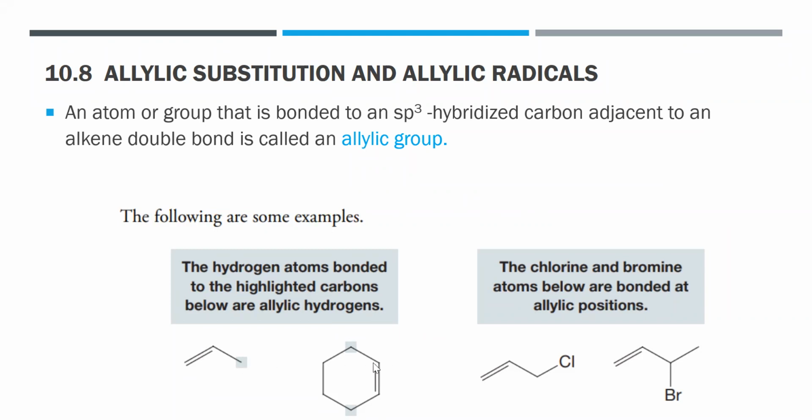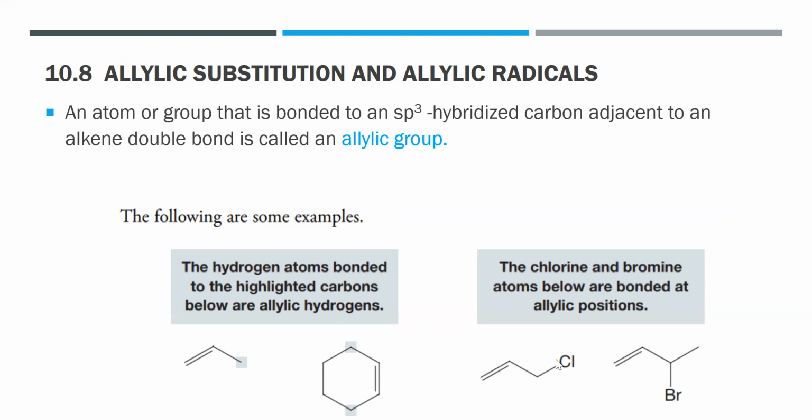Okay, here you have a double bond carbon utilizing an sp2, forming a double bond here, pi bond. And here, this carbon, you have an sp3 carbon adjacent to this. This position and this position are what we call an allylic position, okay? And the group that is here is what we call the allylic group.